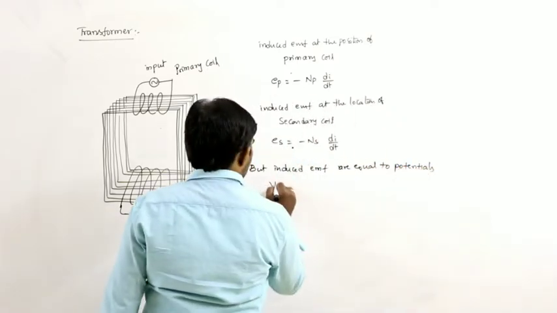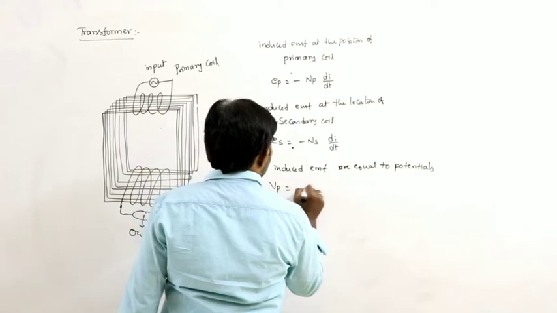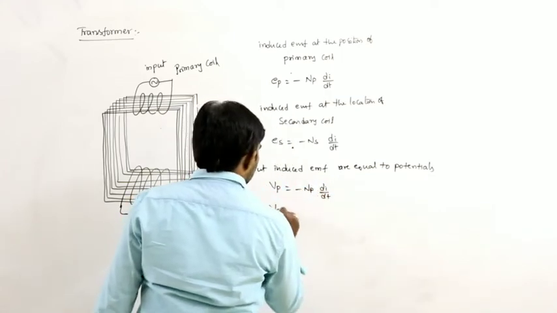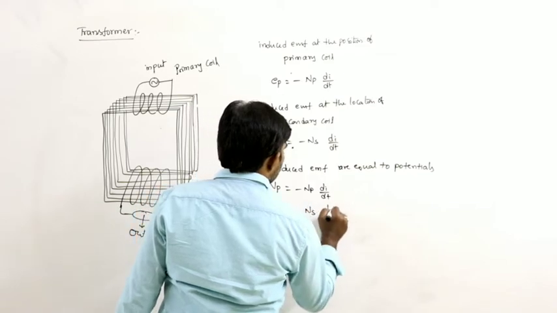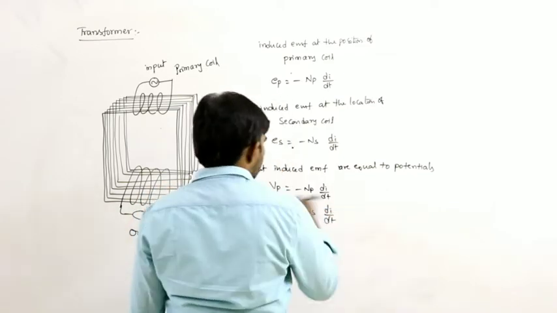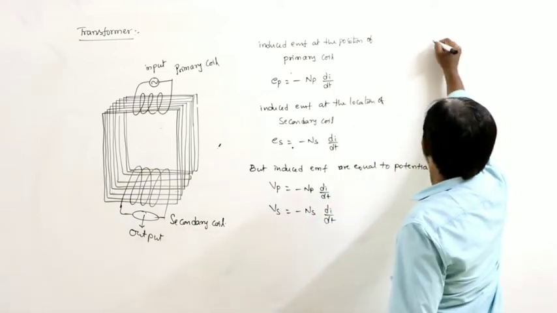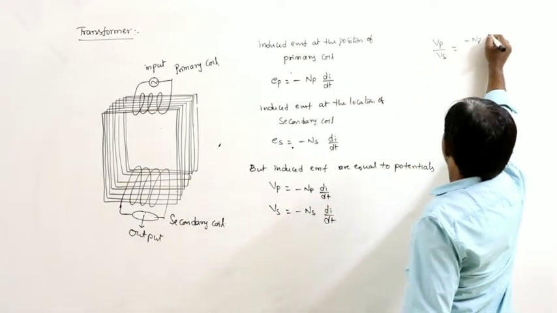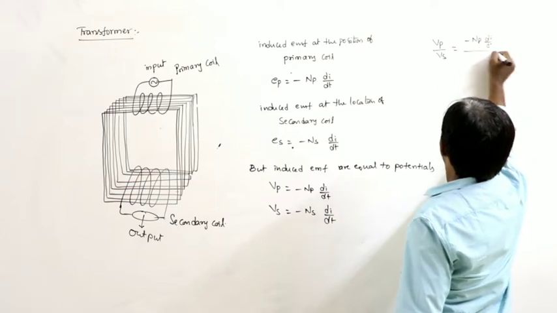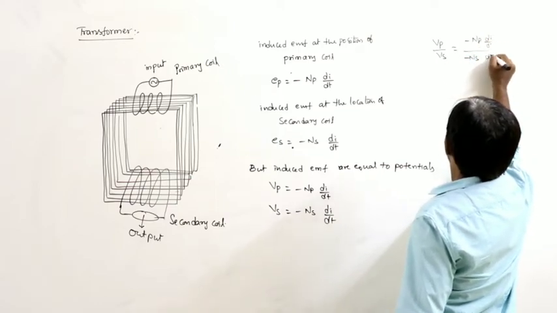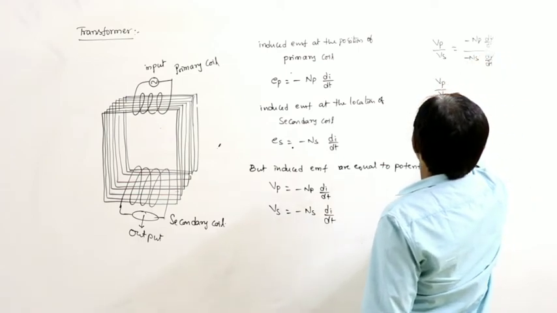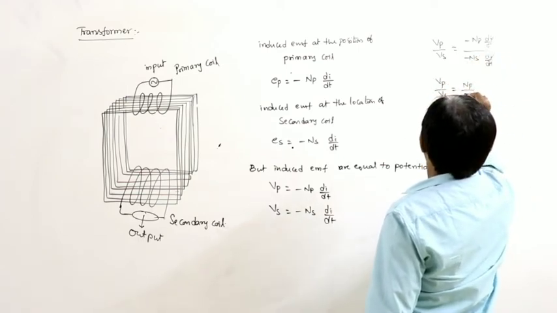That means Vp is equal to minus Np into di by dt, and Vs is equal to minus Ns into di by dt. So therefore we can write the ratio Vp by Vs is equal to minus Np into di by dt divided by minus Ns into di by dt. The di by dt cancels. That means Vp by Vs is equal to Np by Ns.